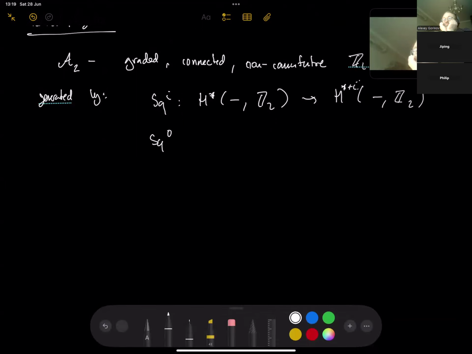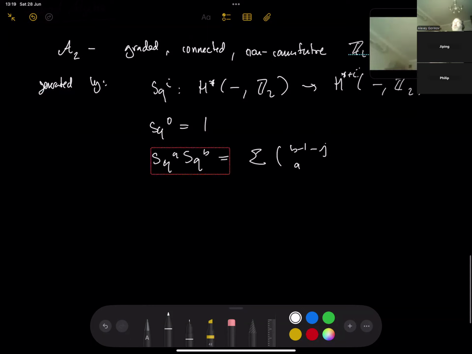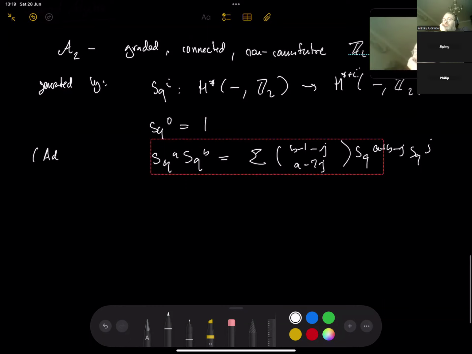With Sq^0 being 1, and then Sq^a Sq^b being this. So these are called the Adem relations.